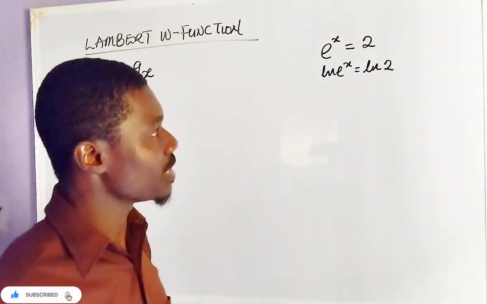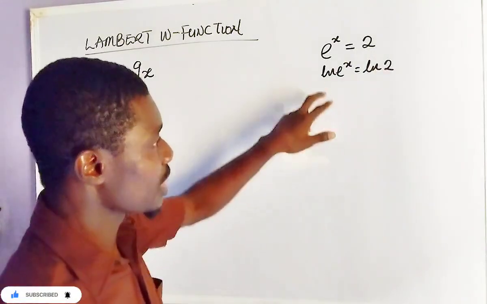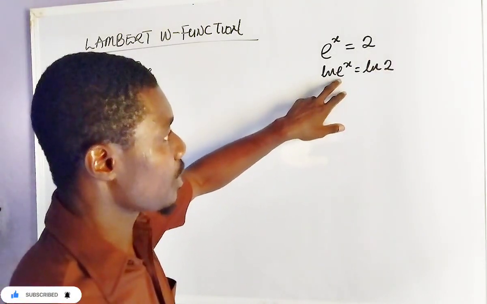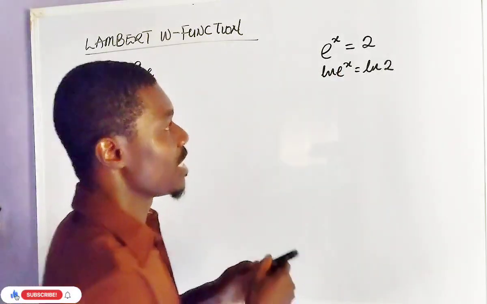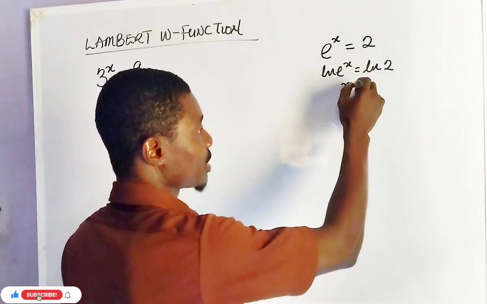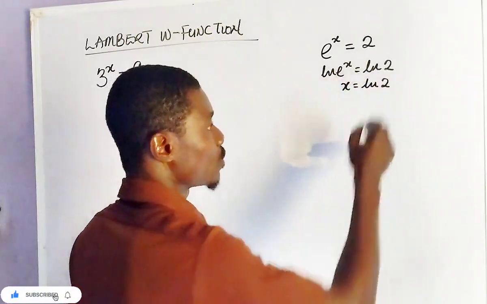Now we undo e here, leaving us with x equals ln 2.